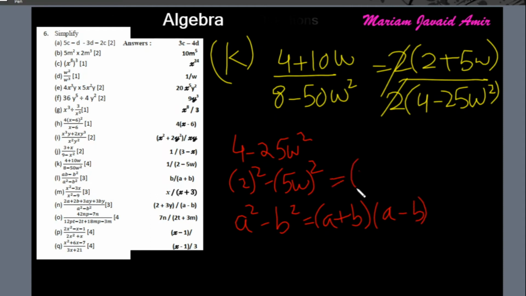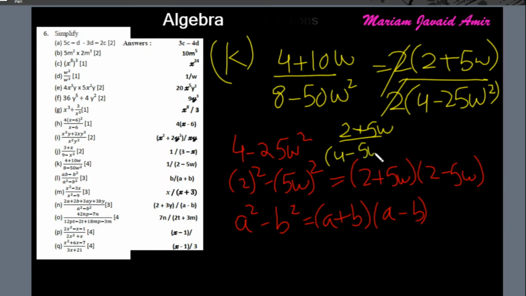So this is 2 plus 5w and 2 minus 5w. The numerator stays the same, and the denominator becomes 2 minus 5w and 2 plus 5w. So these get cancelled, and we're left with 1 over 2 minus 5w.